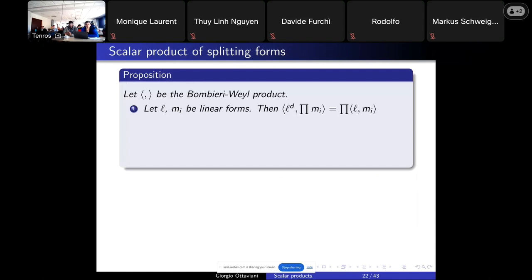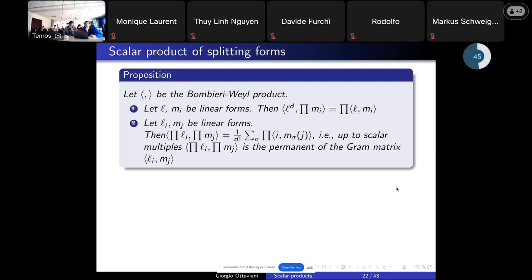And maybe it's important now to write down what happens in the splitting case. Look, this is different from being decomposable. I'm just computing L power D with the product of linear forms. And the answer is that it comes out as the product of the scalar products of L with Mi.